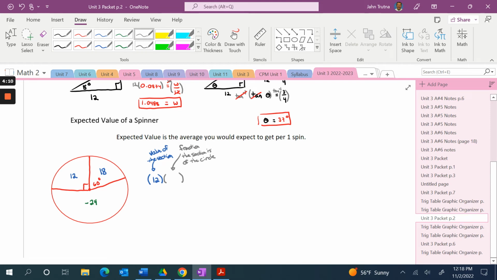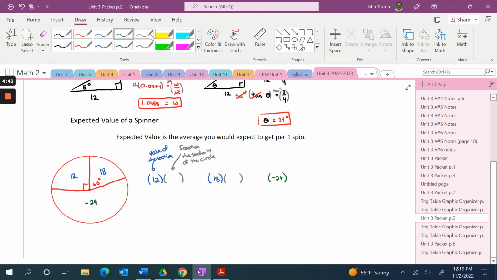You're going to do this, value of the section multiplied with the fraction the section is of the circle, 3 times. We're going to do it once more for the 18-point section, multiplying the value with the fraction or probability of the 18-point section, and then we're going to do it again with the negative 24-point section.